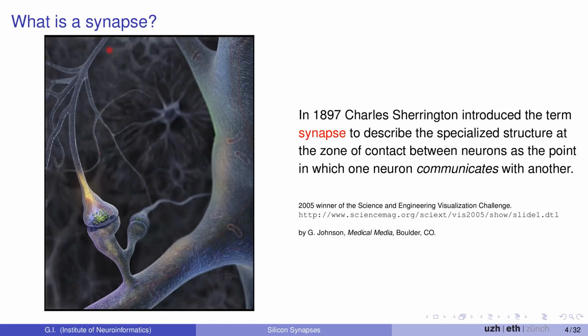The electrical signal is propagating down. Once it reaches the end, it will trigger a cascade of events, which we will see in a few slides, which will then communicate this spike, the action potential, from the presynaptic neuron to the postsynaptic neuron.